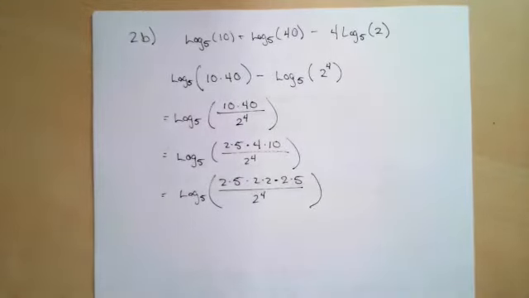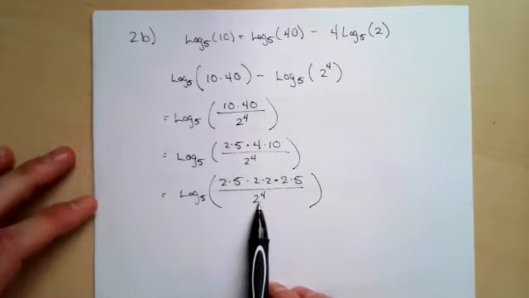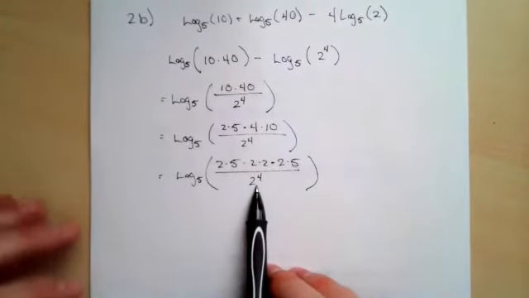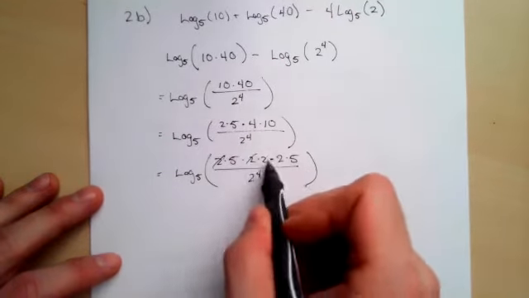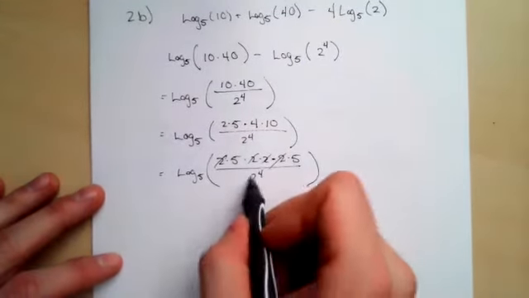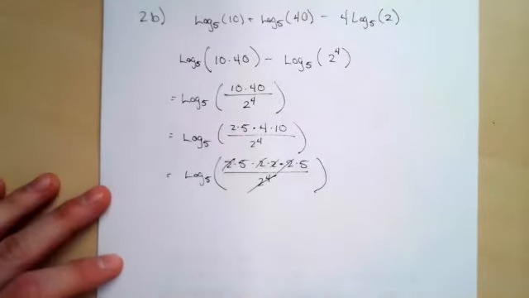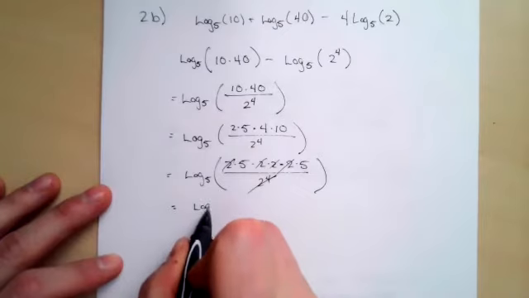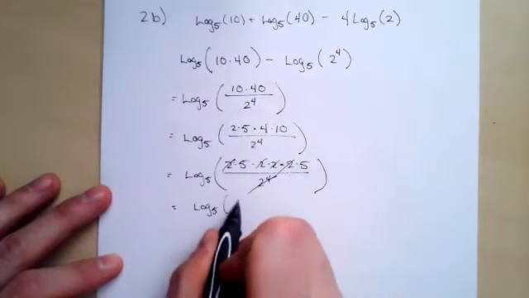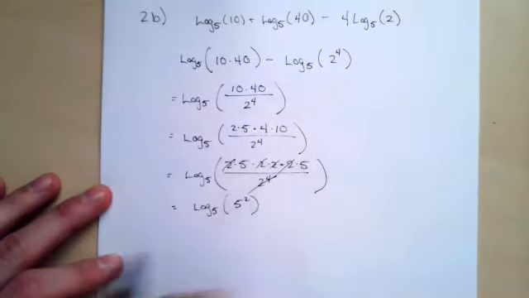So this one we had to break down quite a bit, mainly because we are looking to cancel out the denominators, which are 2's. But I've got 4 2's in the denominator and 1, 2, 3, 4 2's in the numerator. So all of those will divide. And we are left with those 2 factors of 5. So it'll be log base 5 of, and let's actually just write it as 5 squared. 5 times 5.